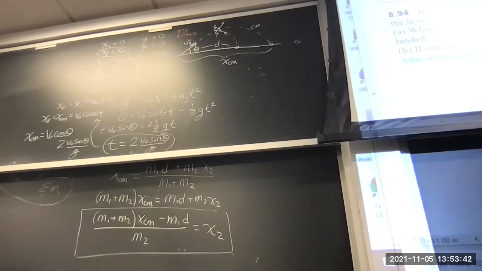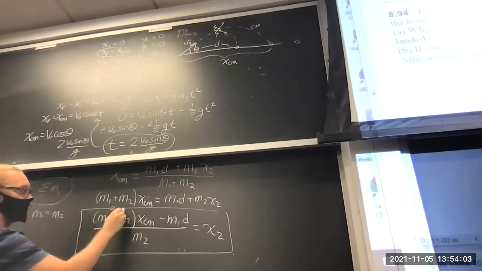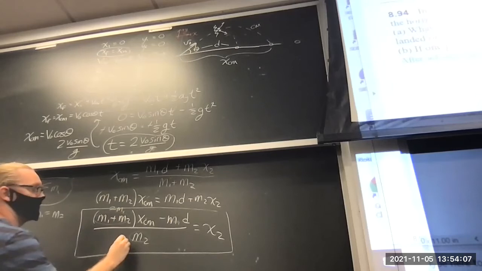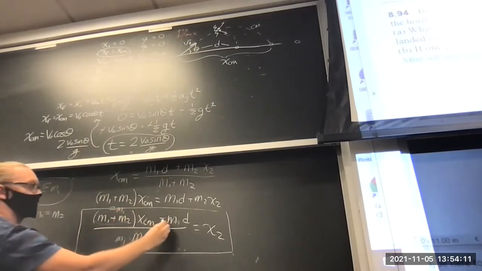Now, in this case, the masses are the same. So if M1 is equal to M2, what happens now? Cancel out the denominator. Good, right? So this turns into 2M or 2M1. This one's just M1. This one turns into M1, which means our masses cancel out.